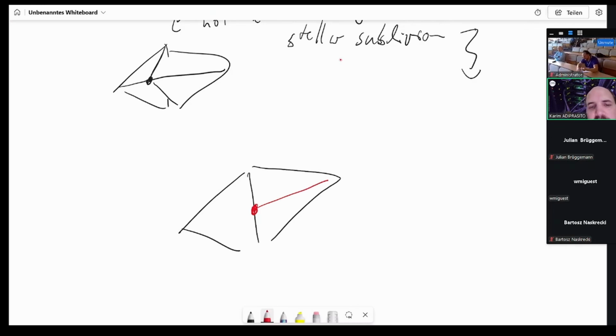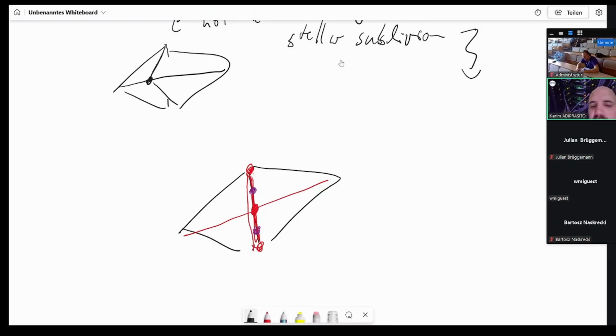So I'm only allowed to put it somewhere here. In fact, he asked a little bit more: that this point is a rational convex combination of the two endpoints. So I can put it anywhere here, I can also put it here, but it has to be geometrically where I removed the face.